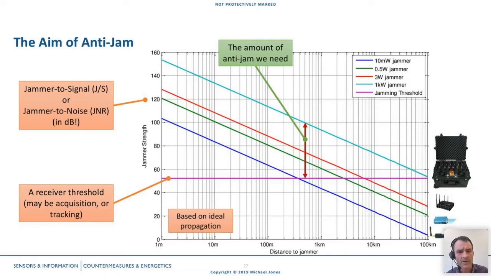Those diagonal lines, the light blue one, the red one, the green one, and the dark blue one, represent jammers of different powers. The dark blue one at the bottom is your typical cigarette lighter 10 milliwatt jammer, going up to a 1 kilowatt jammer at the top. Those are some example jammers that you can find out in the wild. And as you get closer to the jammer, the strength goes up. No surprises there.